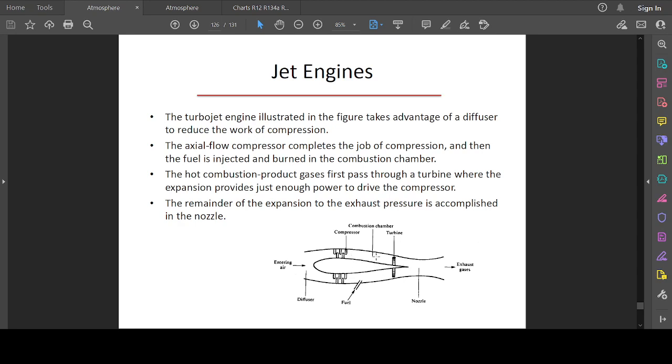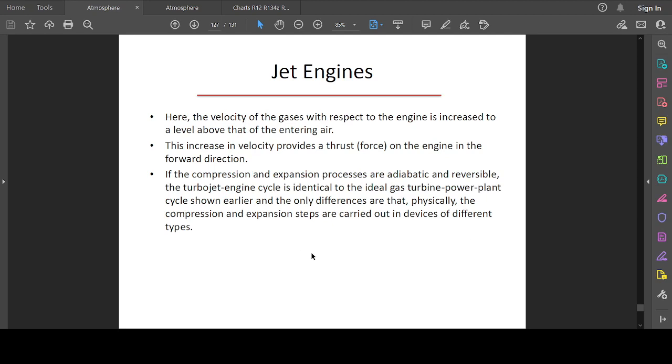and the remainder of the expansion to the exhaust pressure is accomplished by the nozzle. Here, the velocity of the gases with respect to the engine is increased to a level above that of the entering air. The increase in velocity provides a thrust on the engine in the forward direction, and that's how the jet moves forward.